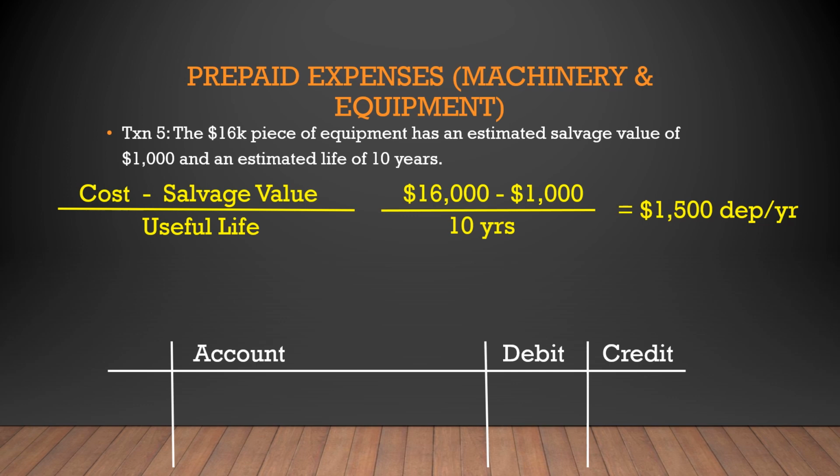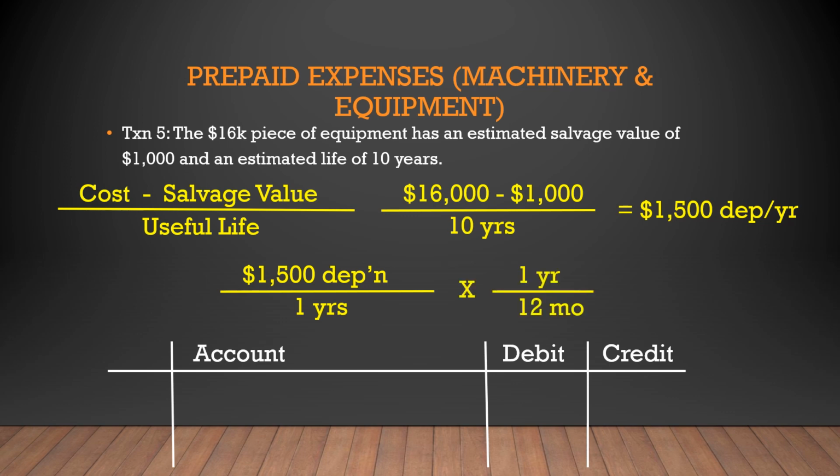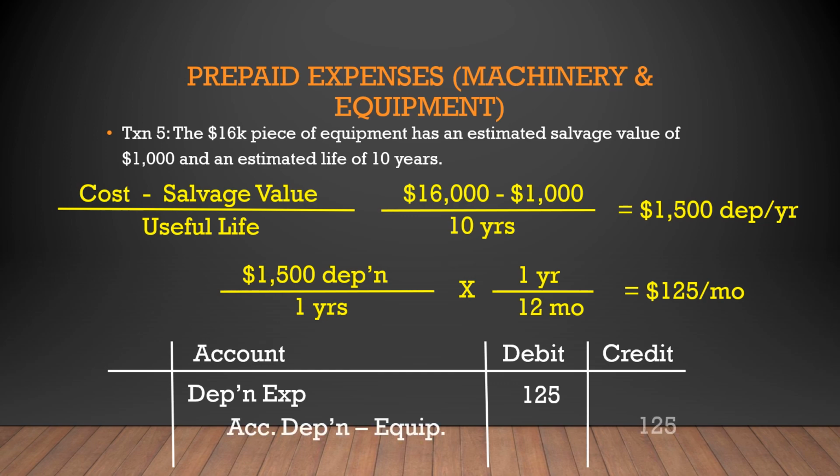To do so, take the $1,500 depreciation amount per year and multiply it by 1/12. CNA will depreciate $125 per month. Our entry, debit depreciation expense, and credit accumulated depreciation for $125.